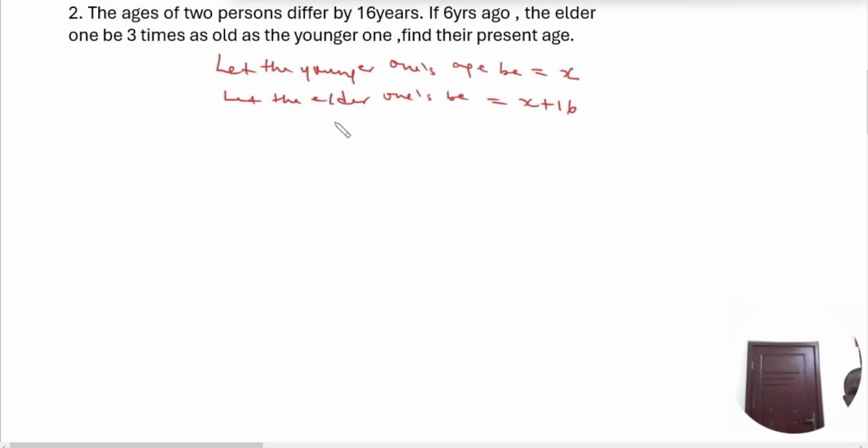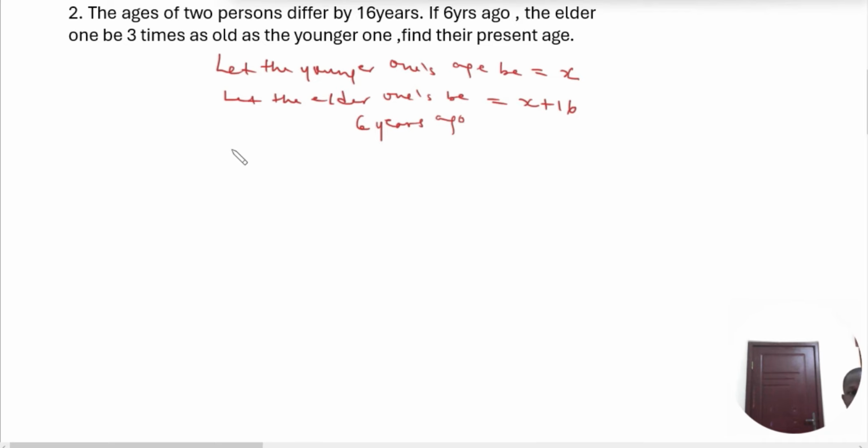So let's try to analyze this question again. If 6 years ago the elder one was 3 times as old as the younger one. 6 years ago, the elder one was 3 times as old as the younger one. We know the elder one's present age as x plus 16.